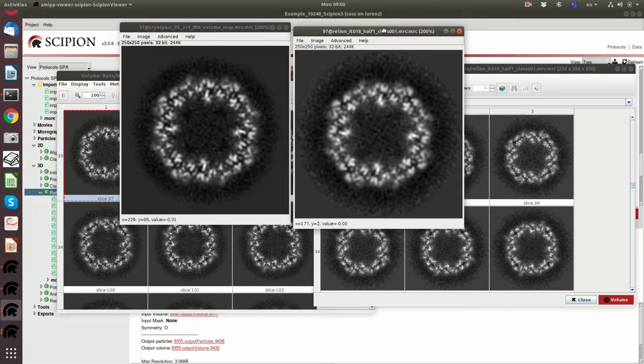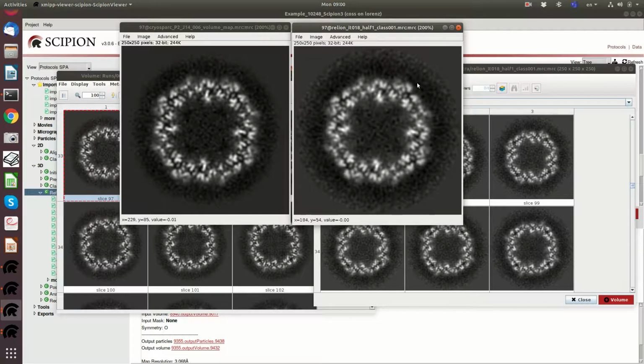This is very subtle, but this is one of the cases in which on top of the structure we see a kind of haze. Sometimes it is in the case of Relion, sometimes CryoSPARC, sometimes whichever other program, but this haze on top of it typically comes from badly aligned particles.